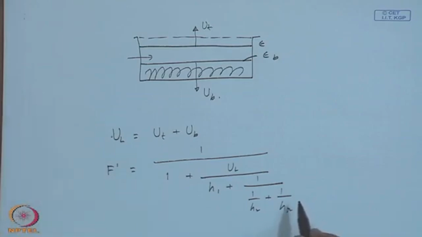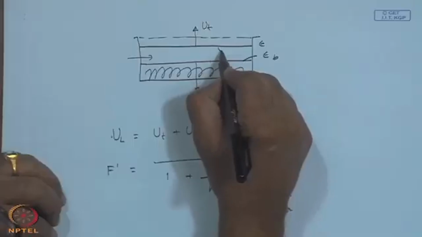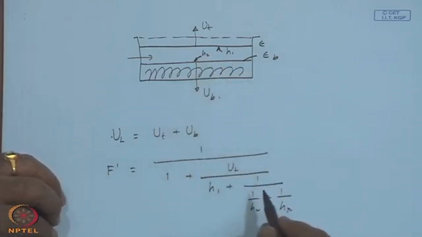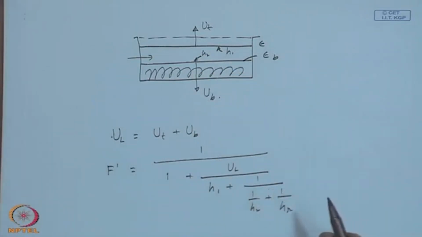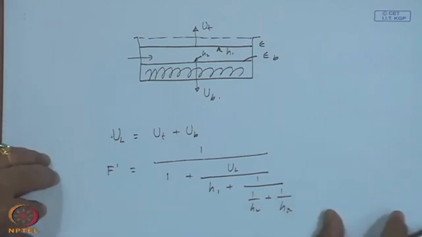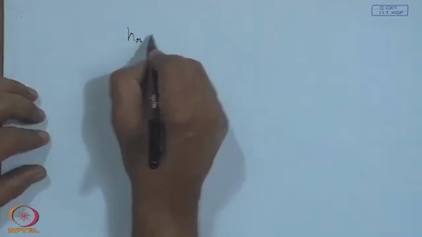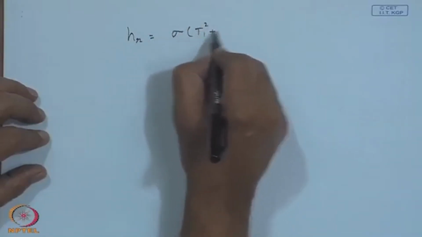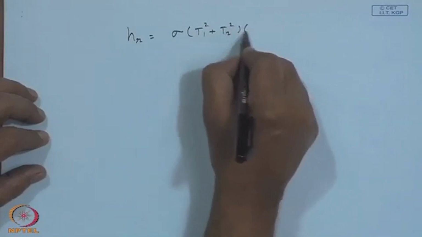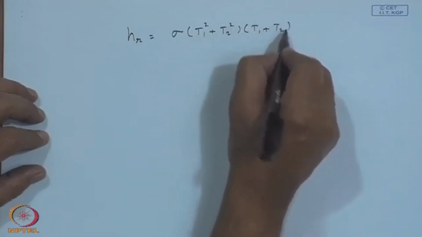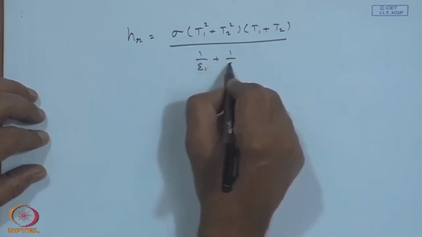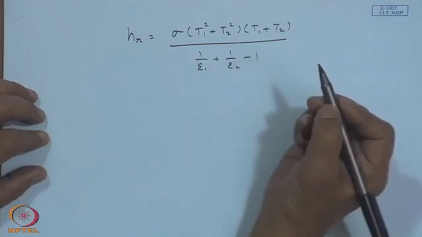You can see that this is H 1 at the top and this is H 2 at the bottom plate, and the effective radiative heat transfer coefficient H r is defined as sigma times T 1 squared plus T 2 squared times T 1 plus T 2 upon 1 upon epsilon 1 plus 1 upon epsilon 2 minus 1.